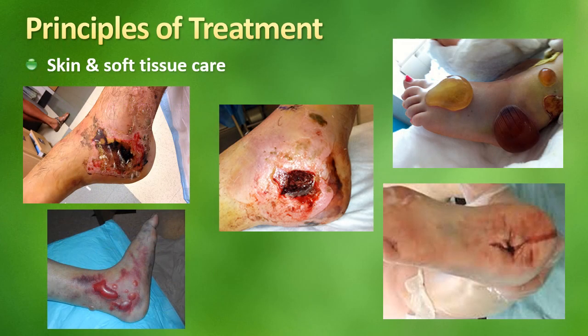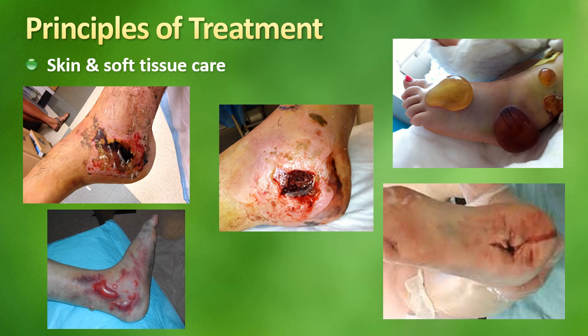Now coming to the treatment part of calcaneal fractures, the most important point in the management of calcaneal fracture is skin and soft tissue care. One has to take very good care of the skin and soft tissue around the calcaneum, because if any necrosis of the skin results, the calcaneum can be easily exposed.